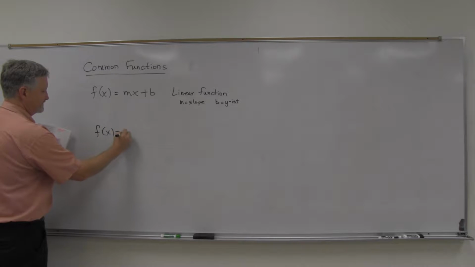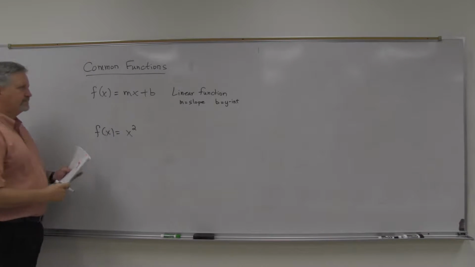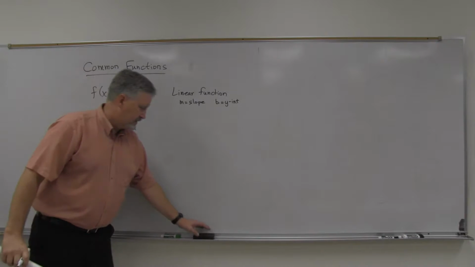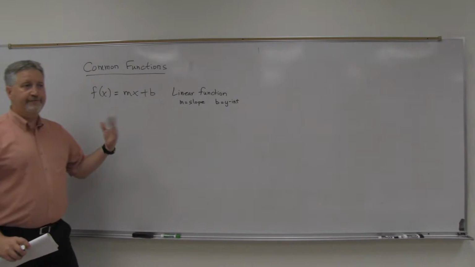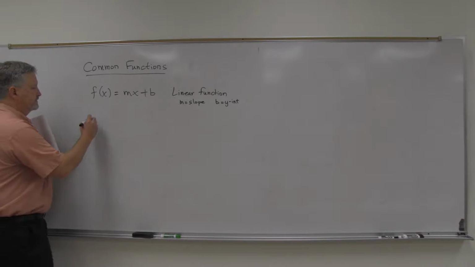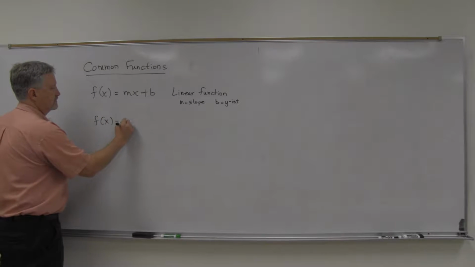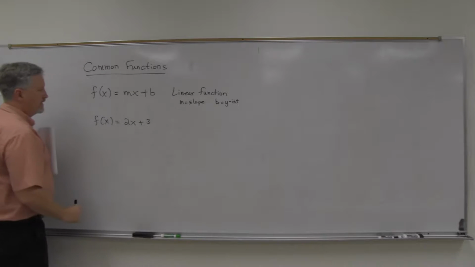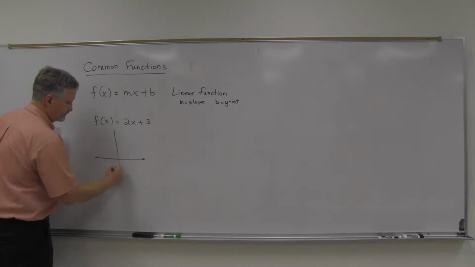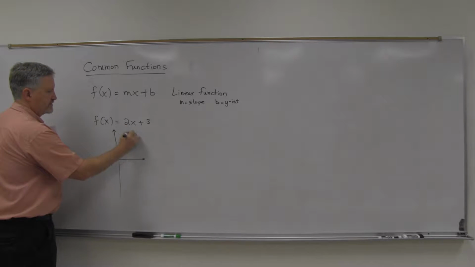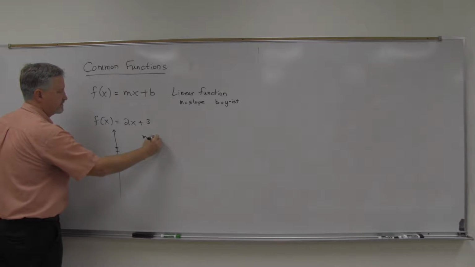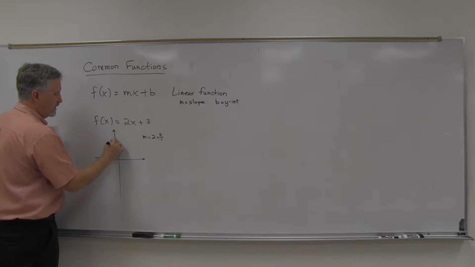Before I go into that, let's just do one: 2x plus 3. So the y-intercept is 3, slope is 2 over 1, so that's rise over run. Rise 2, run 1.